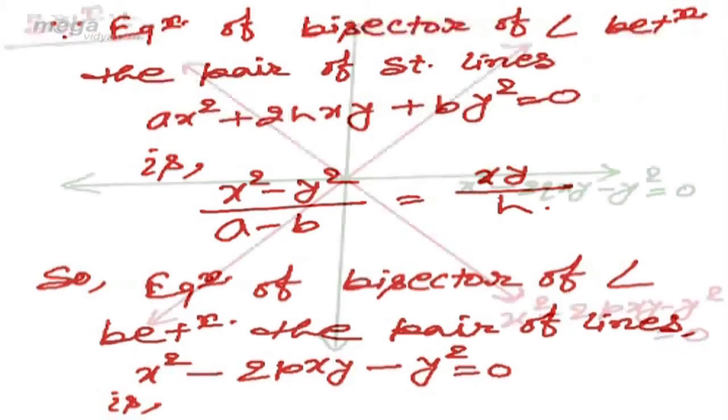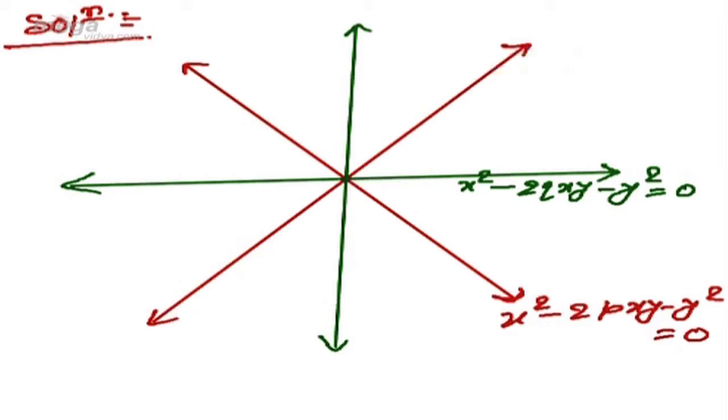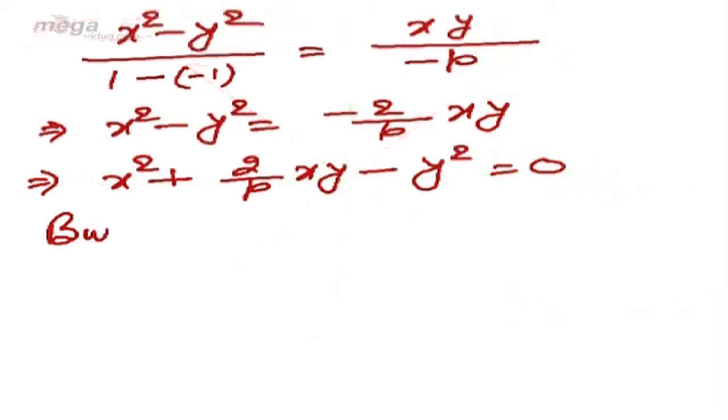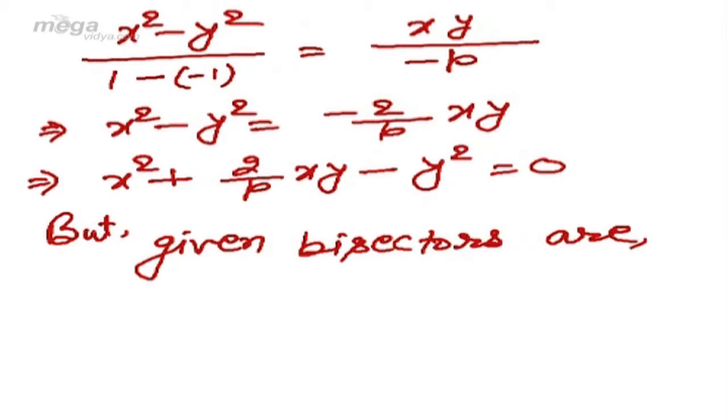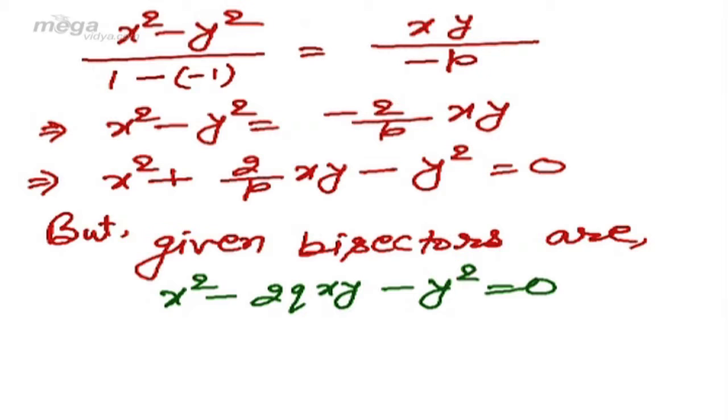The question says the bisector of the angles between these lines is x² - 2qxy - y² = 0. So if you compare these two, they will represent the same line, the green line.